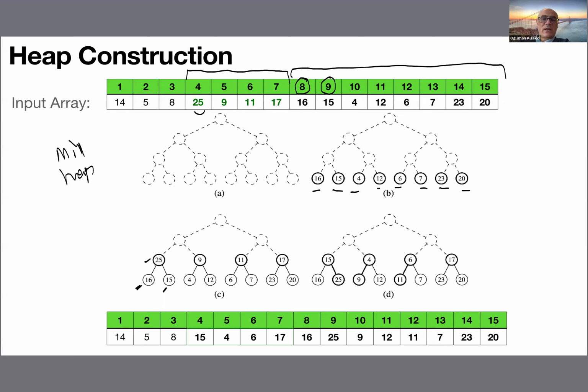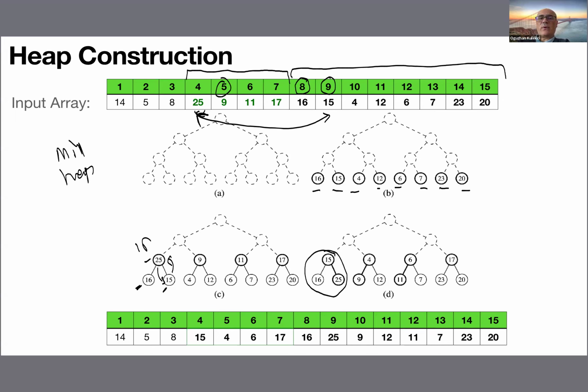I see that 25 is not the minimum element. The minimum element here is 15. So 15 should come here and 25 should go there. Now you are done with this section and you go for the next one.